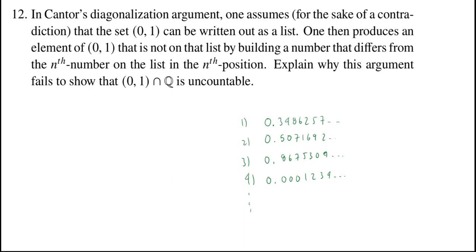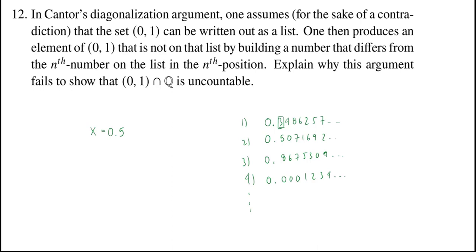One then produces an element of (0, 1) that is not on the list. We claimed every real number between 0 and 1 is on the list, and yet we're going to build a number which is not on the list. So we build this number x, and what can we do? Well, we look at this first digit. That's a 3, and so I'm going to turn it into a 5, say. So I have 0.5.